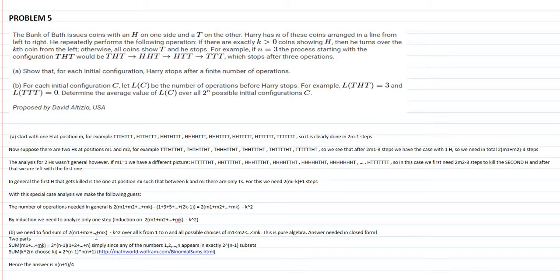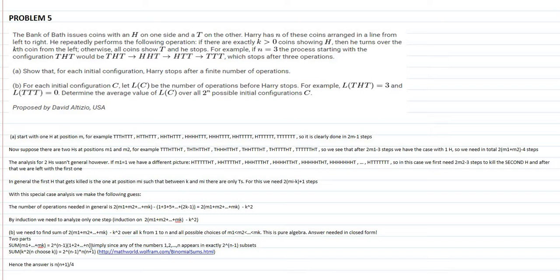And that's not very difficult. We actually have two parts to sum. So first we sum this m1 plus m2 plus up to mk, over all possible choices. It's 2 to the power of n minus 1 times 1 plus 2 plus up to n. Why is it so simple?